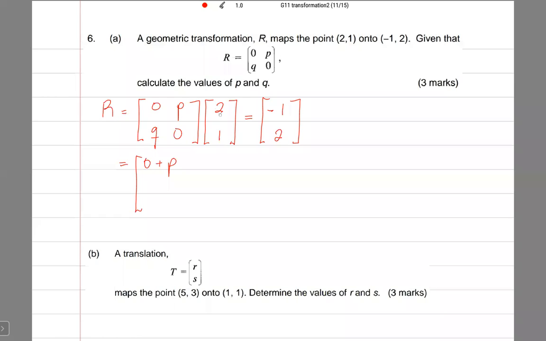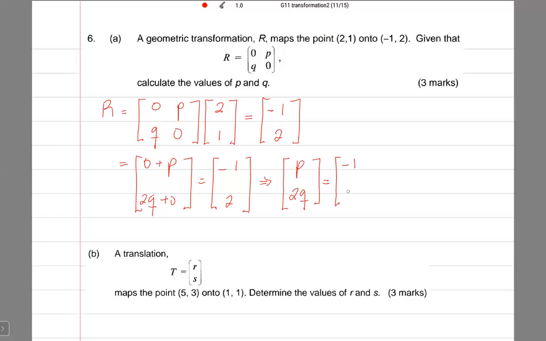Q times 2 is 2Q, and 0 times 1 is 0. Now, this would be equal to the matrix minus 1, 2. So therefore, up top we have P, down bottom we have 2Q, equal to minus 1, 2.